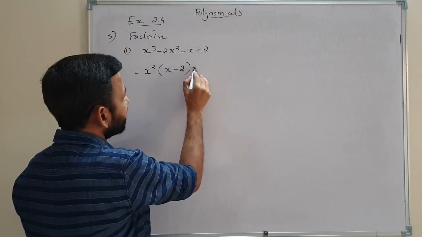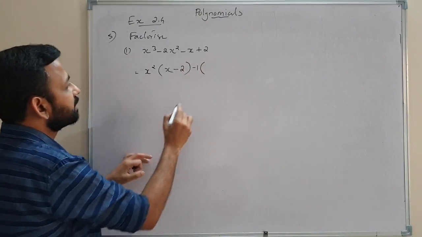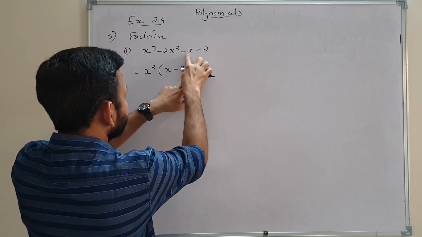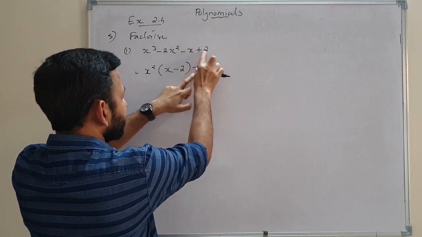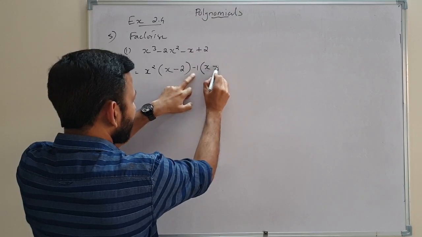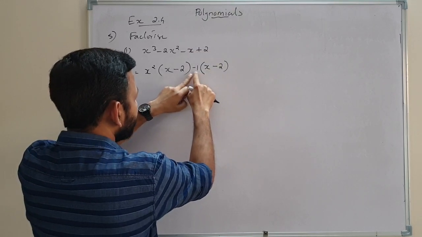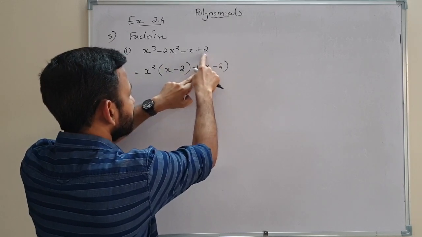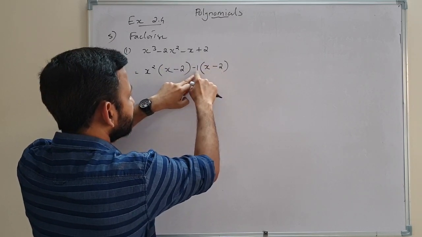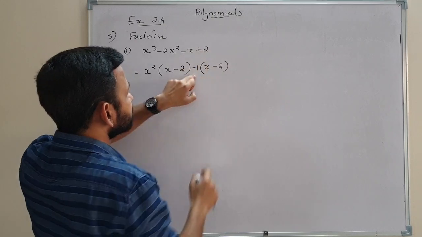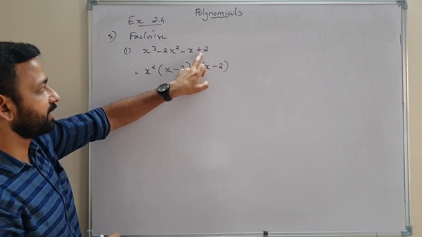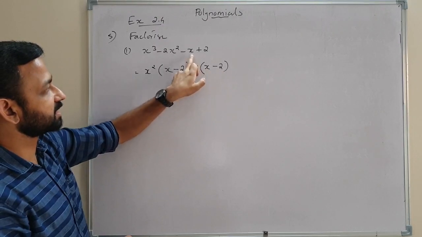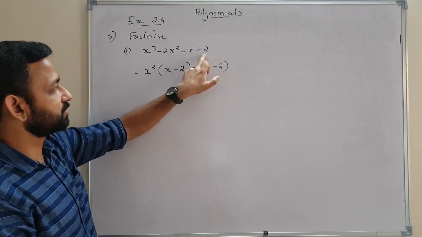So if you take minus 1 common, then minus 1 into x minus 2 gives minus x plus 2. If you want to get plus 2 here, you should write minus 2 inside, because minus 1 into minus 2 is plus 2. If you keep plus 2 there, then 2 into minus 1 will be minus 2.